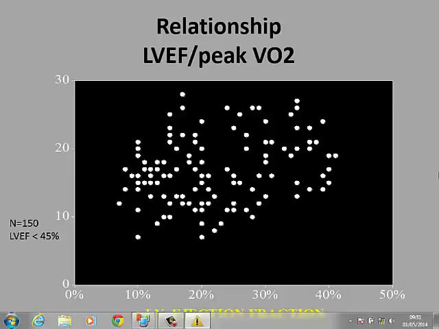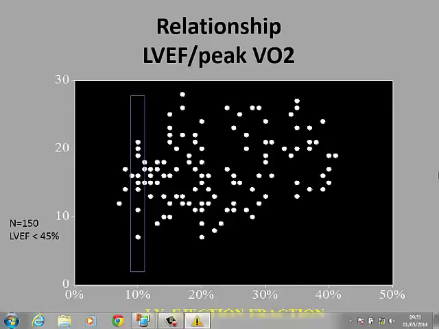A lot of people say we don't have to measure peak VO2. We have the value at rest, the ejection fraction, and so on. But there is absolutely no relationship, for example in heart failure. In this study of more than 150 patients with ejection fraction less than 45%, you can see there is no relationship between ejection fraction and peak VO2.